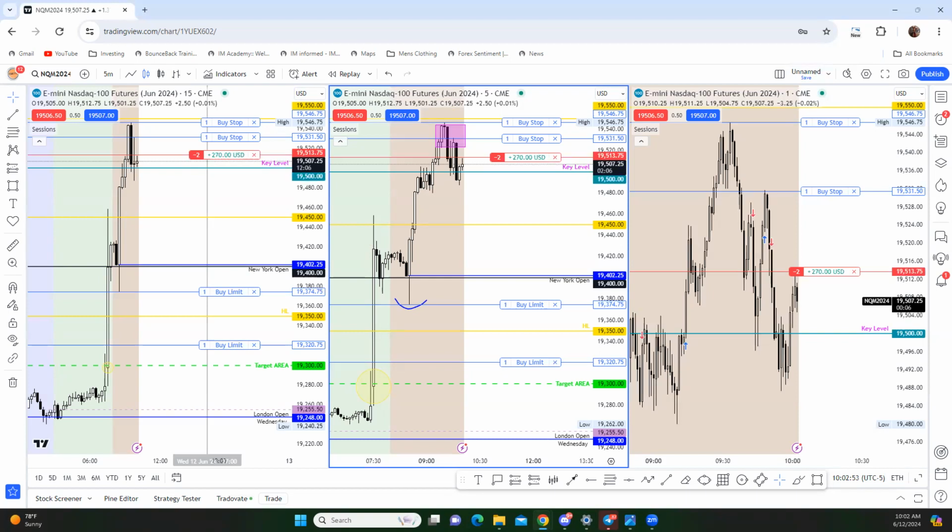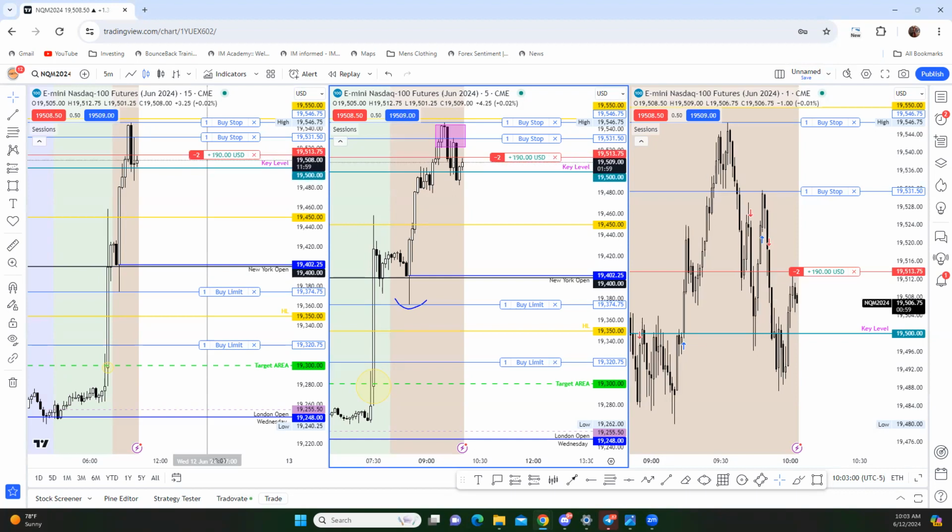If we could just get below the 480s, 470s. That 5 minute not looking good to go lower to me, just being honest.